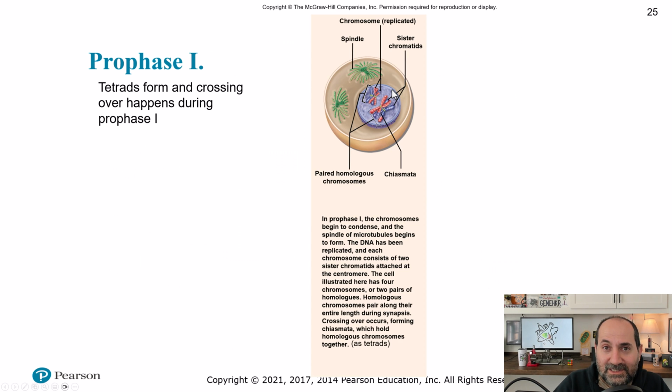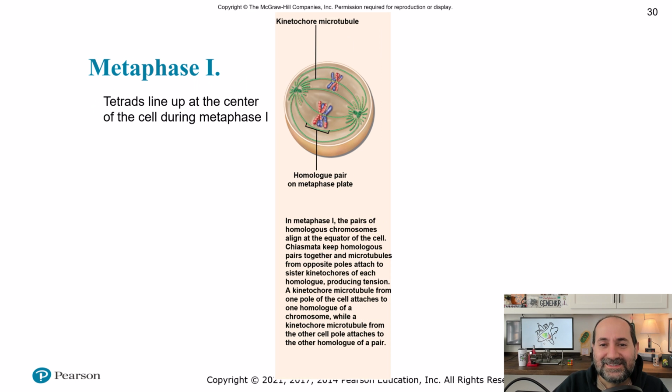So what do you need to know? During prophase I of meiosis, tetrads form and crossing over happens. So let's move on to metaphase I. Take a look at metaphase I. During metaphase I, it's those tetrads that line up at the center of the cell.